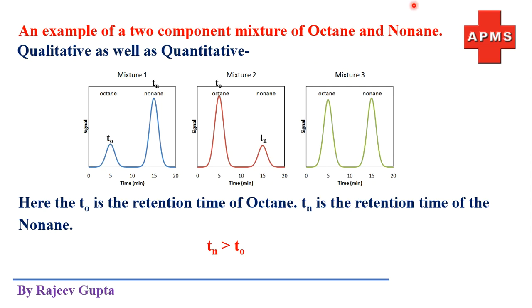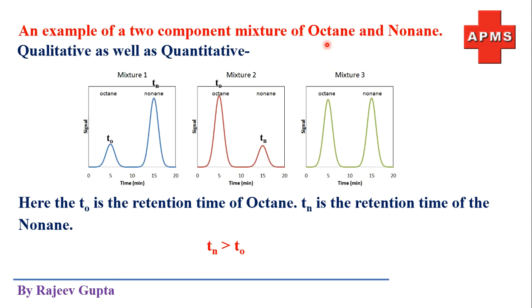See, which compound has high molecular weight? Obviously nonane, which has an extra CH2 group compared to octane, so it has higher molecular weight compared to octane. So octane is lighter compared to nonane, so its interaction with the liquid stationary phase will be lesser compared to nonane.